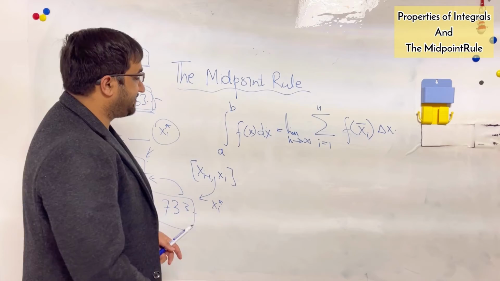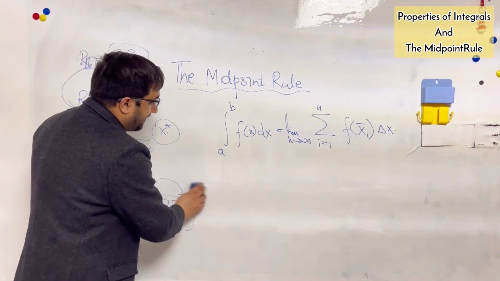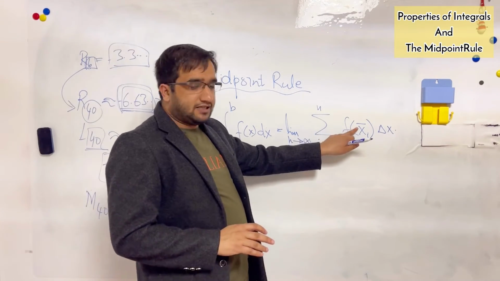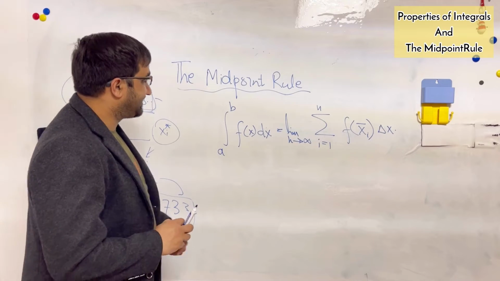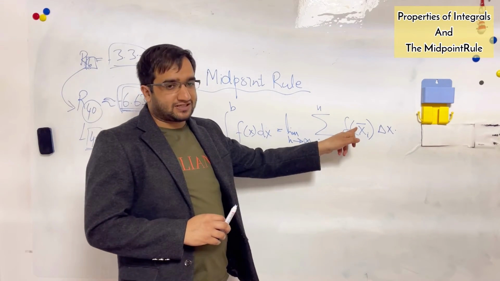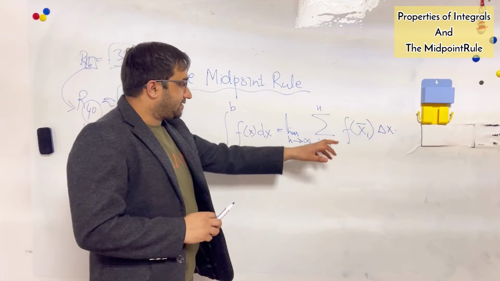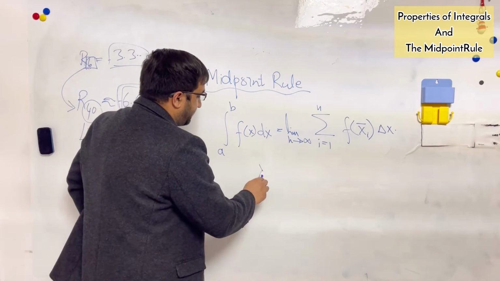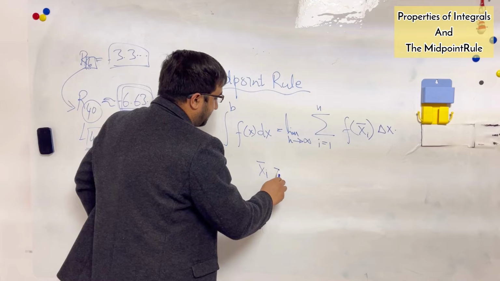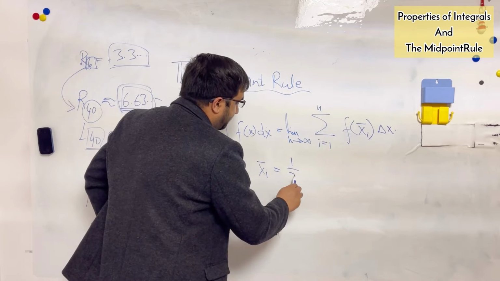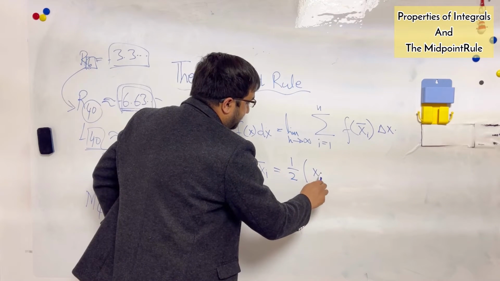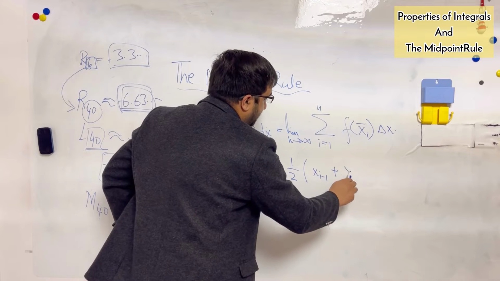But in this specific case, now we are using the bar, which, if you go back to statistics, the bar is always used for the average. So this bar we are using to represent the midpoint, and xi bar means half of xi minus 1 plus xi.